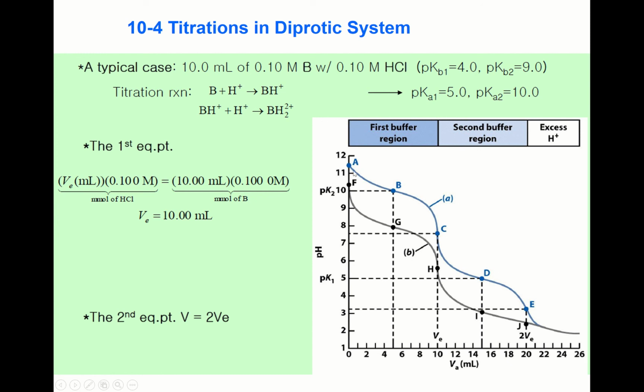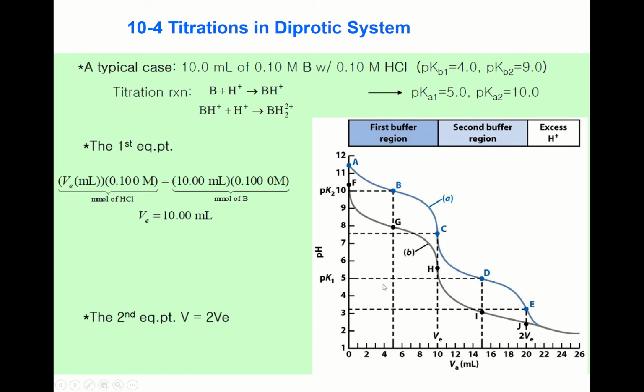Here we have titration curve one and subsequent titration curve two. So there are two equivalence points. The first one is C, and the second one is E. So we have to calculate two equivalence points.